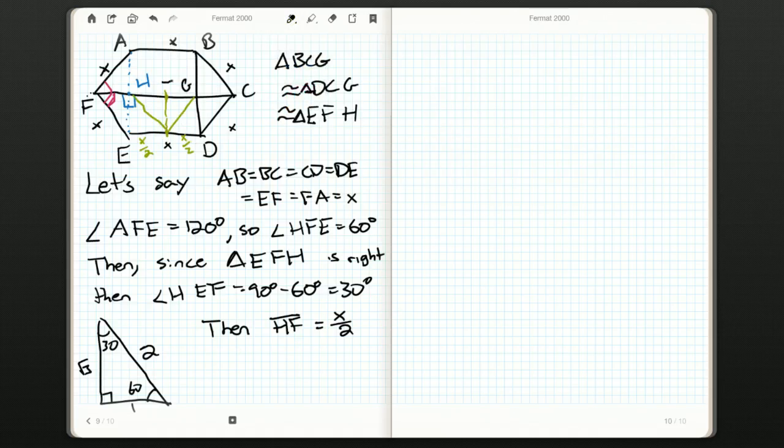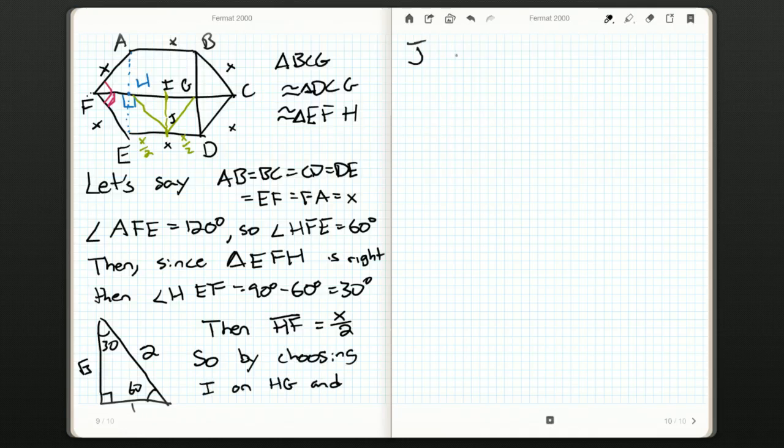Let's call this I and J. So we choose I on HG, J on ED as midpoints. Well, then we get a bunch of similar triangles.